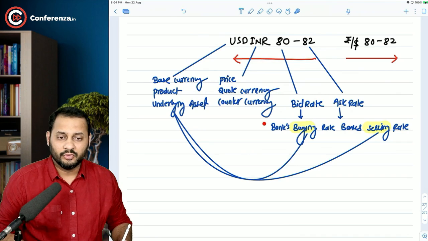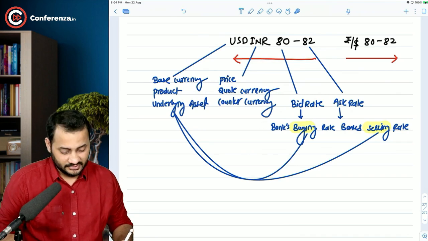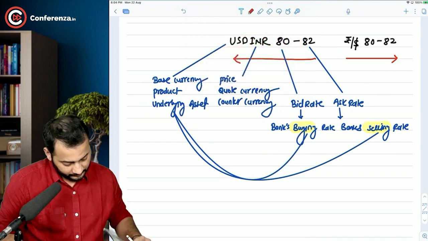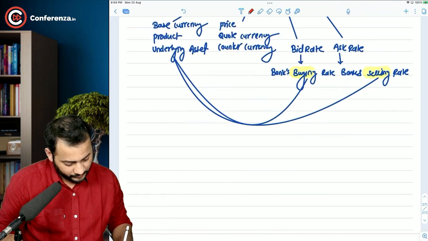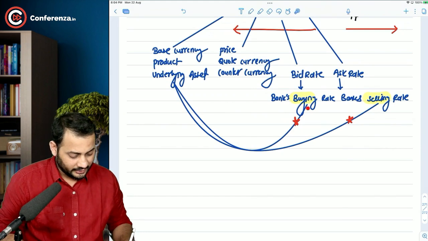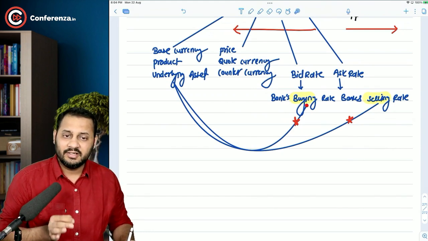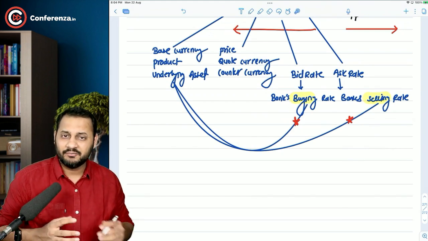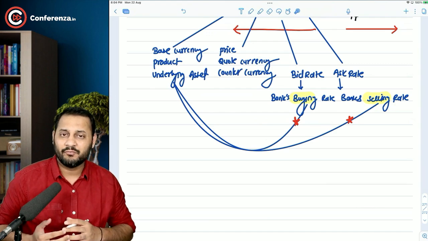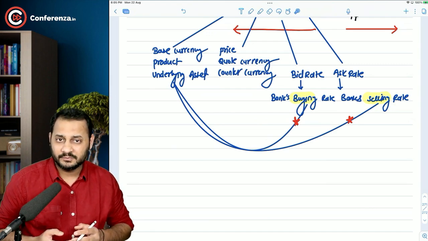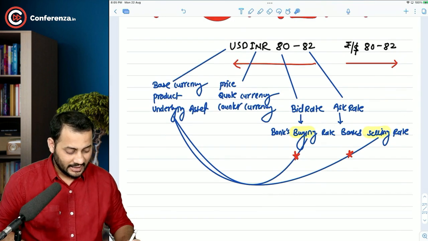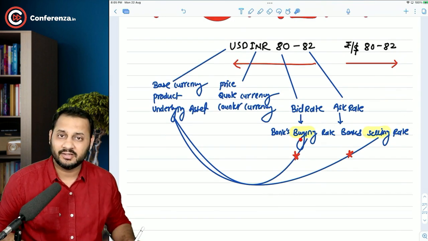So most students make this mistake. This is a very huge point, the one point where students make mistakes. What they do, I will tell you. They just read it as the bank's buying rate. And if the question says you have to buy rupees, then they will just pick the buying rate.